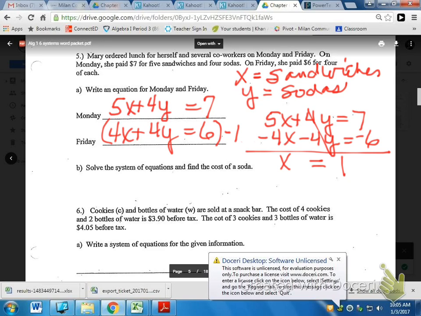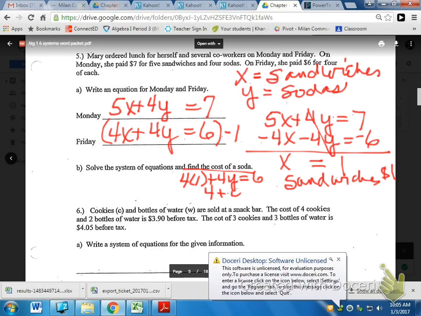What does that mean in this problem, Tor? Sandwiches are $1. That's what that means. Okay, that would mean sandwiches are $1, which we don't need to know. It wants to know the cost of the soda. So I would do a substitution here where I'd say 4 times 1 plus 4y equals 6, and you could plug it into any of the equations.